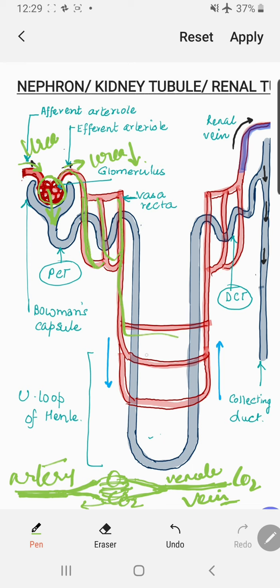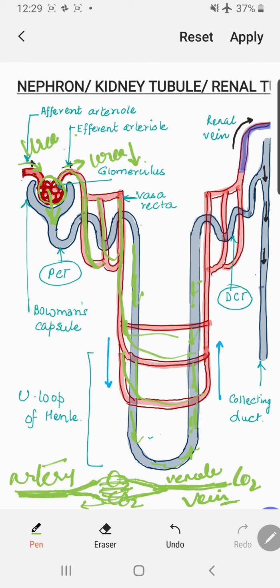It again branches back just to cover the whole tubular network: PCT, DCT, U loop. It covers the whole tubule. Why? Because it has to make a connection with the fluid which is flowing inside the tubule.